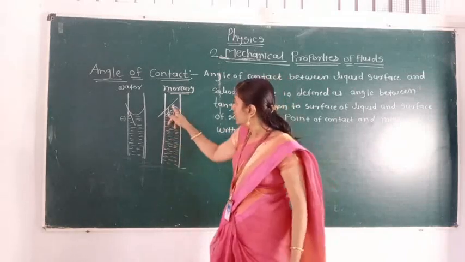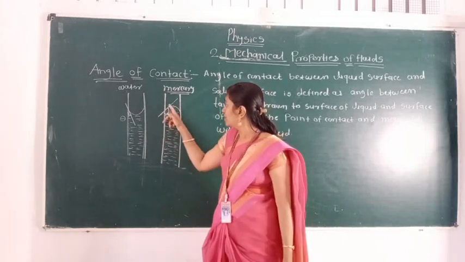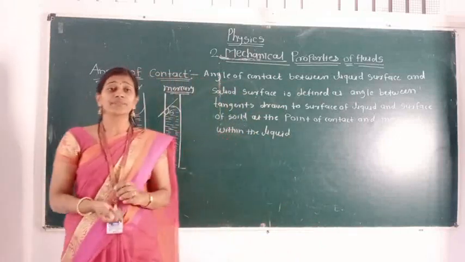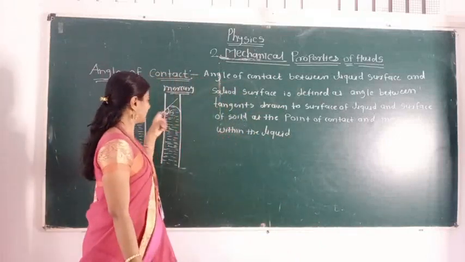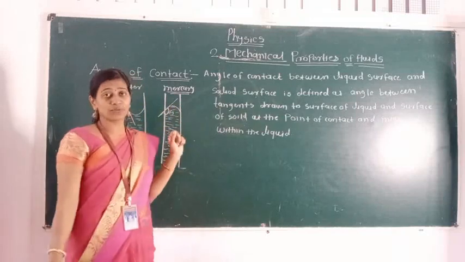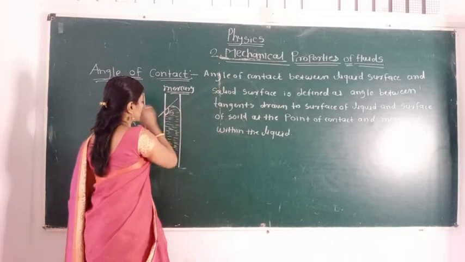At that point we draw the tangents, and the angle between the tangents drawn to the surface of liquid and surface of solid is the angle of contact, measured within the liquid.